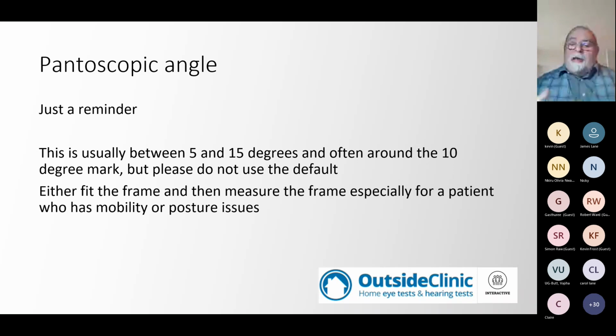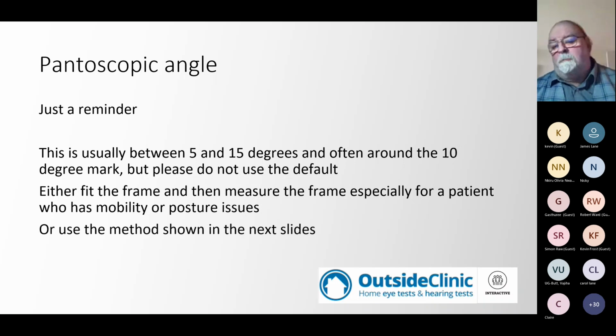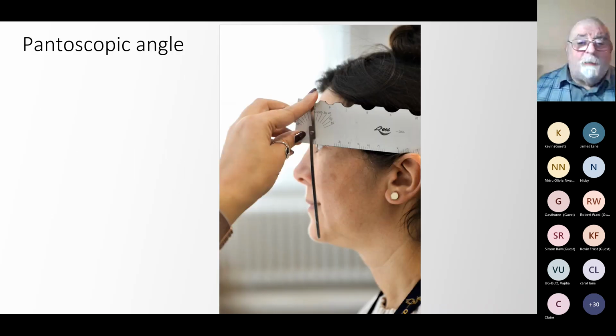Now, again, we can do this two ways. We can either fit the frame and measure the frame, especially if the patient has mobility or posture issues, or we can actually measure using the method shown on the next slide. Now, what we can see here is a facial gauge.